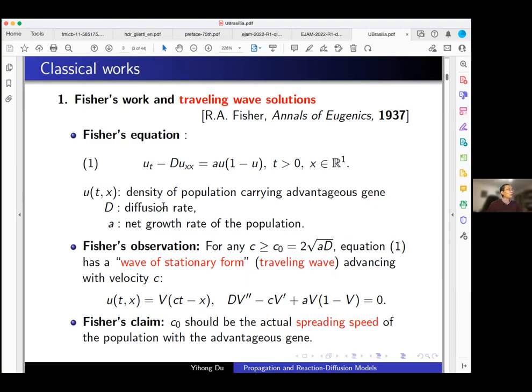So basically, he used this model with some analysis and then proposed that c0 is special. It should be the spreading speed. But he did not provide a rigorous proof of that. He did have some analysis supporting the claim, but it's not a rigorous mathematical proof.